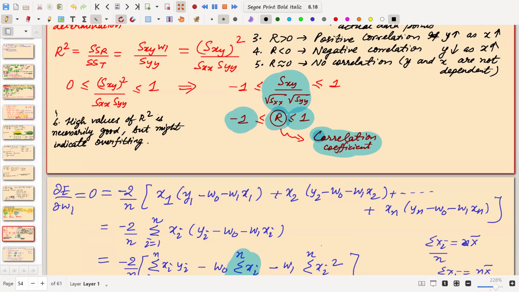So you should not always believe that high values of R2 are always good. If R2 is 0.99 or exactly 1, then you have to check whether overfitting is happening or not. It might be a sign of overfitting.